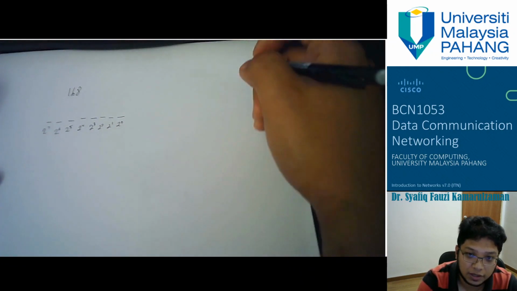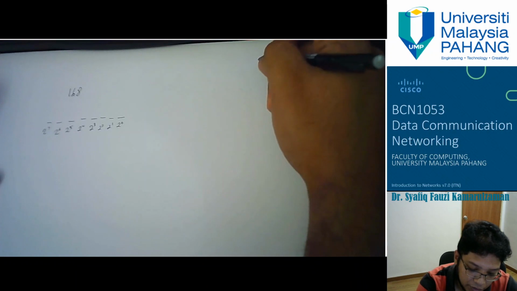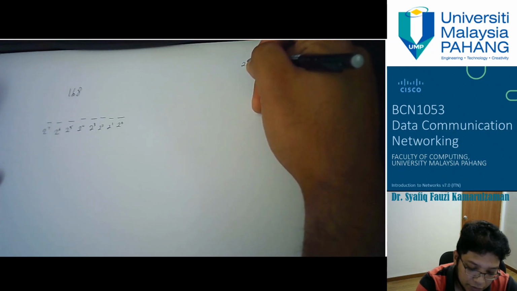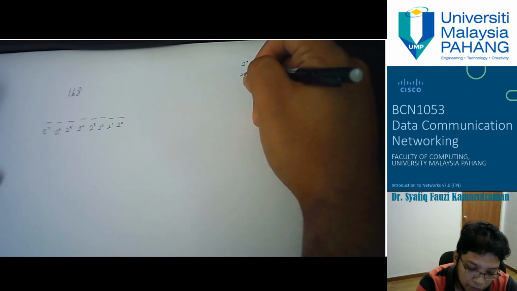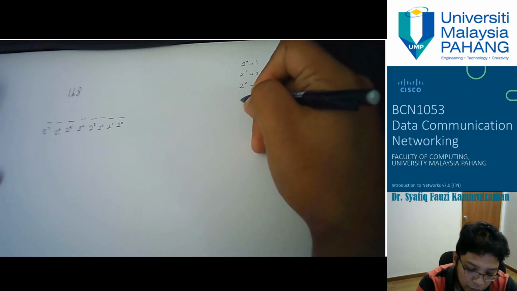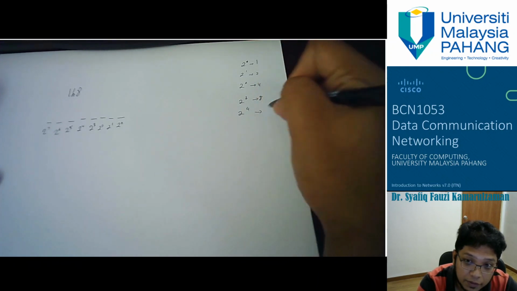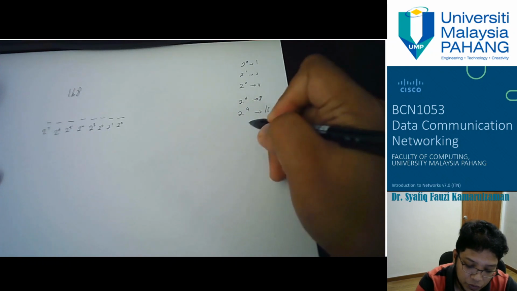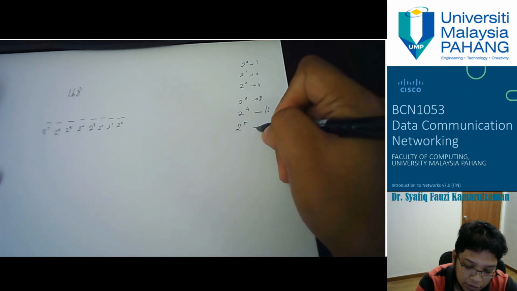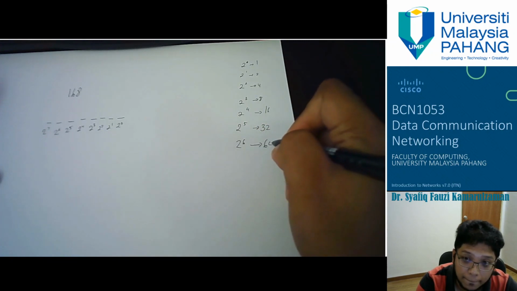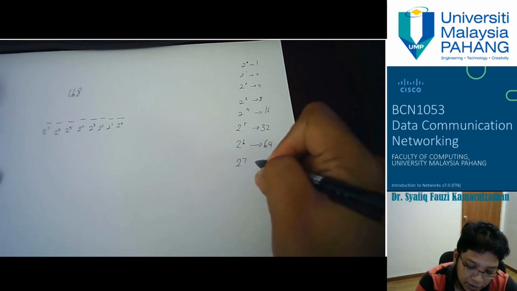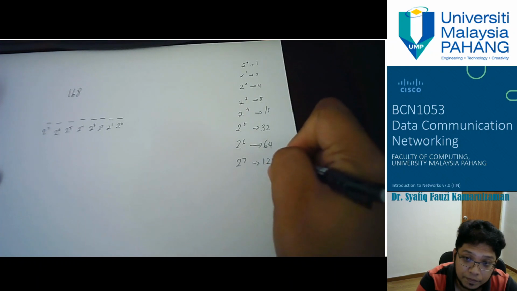So draw the power of 2 table first. 2 power of 0 is 1, 2 power of 1 is 2, 2 power of 2 is 4, 2 power of 3 is 8, 2 power of 4 is 16, 2 power of 5 is 32, 2 power of 6 is 64, and 2 power of 7 is 128.